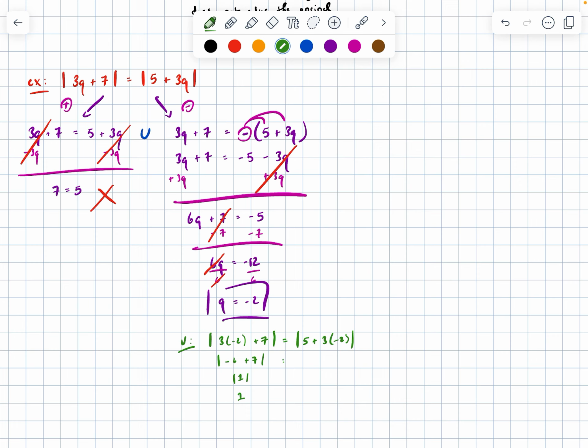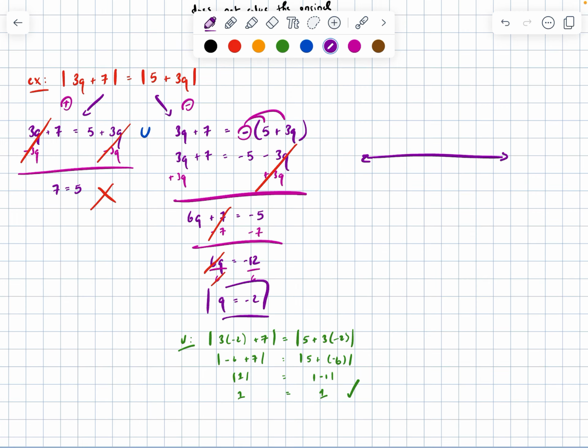Negative 6 plus 7, don't you dare say anything, is 1. And the absolute value of 1 is 1. On the right side, I've got the absolute value of 5 plus negative 6. 5 plus negative 6 is the same as 5 minus 6, which is negative 1. The absolute value of negative 1 is 1. 1 is equal to 1.